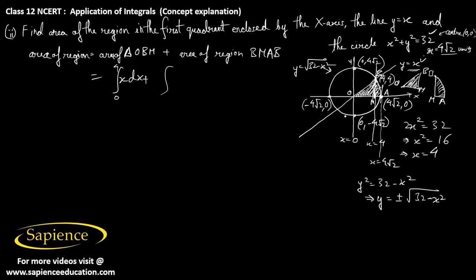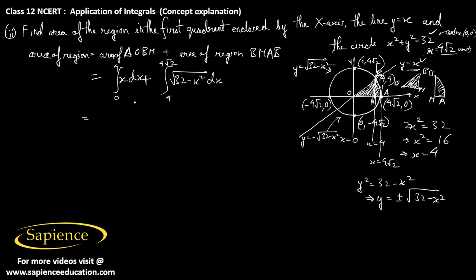And for the region of the circle below the x-axis, that will have the equation y = -√(32 - x²). Okay, so this will be equal to the integral of √(32 - x²) dx, and here x is going from 4 to 4√2 for the circular part. So we should integrate it from 4 to 4√2.